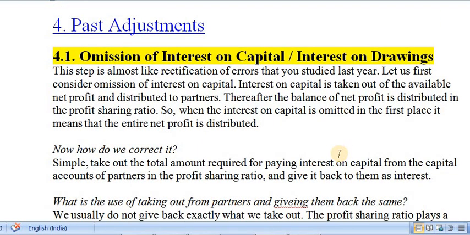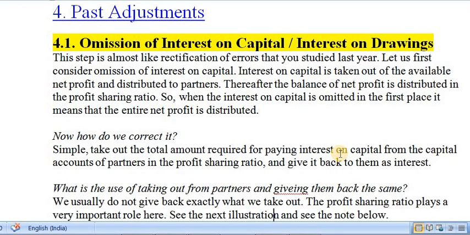Now the interest on capital or interest on drawings. For example, interest on capital first. When interest on capital is omitted, we have to give them now and take out from the partner's capital. It means we have already distributed the profit without distributing interest on capital.